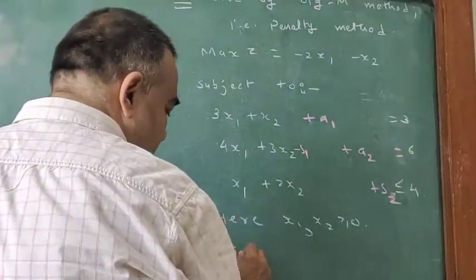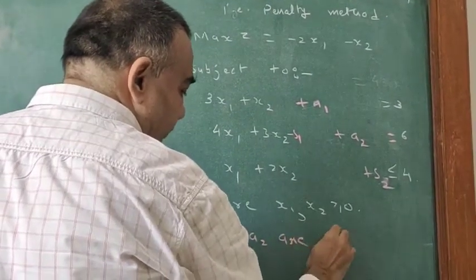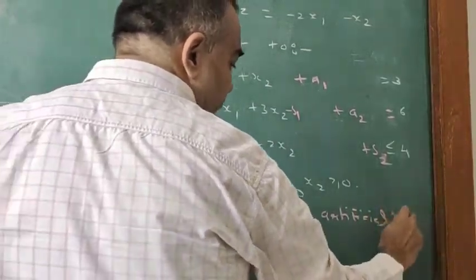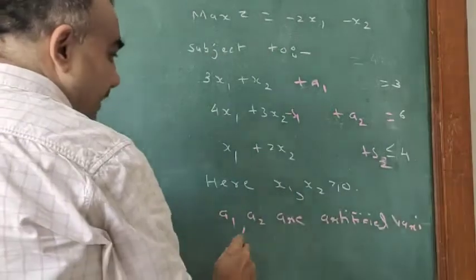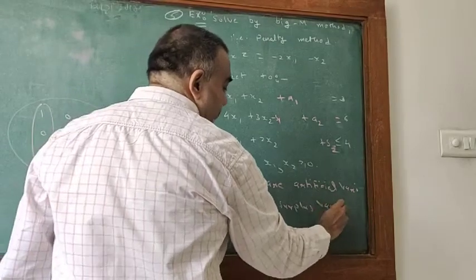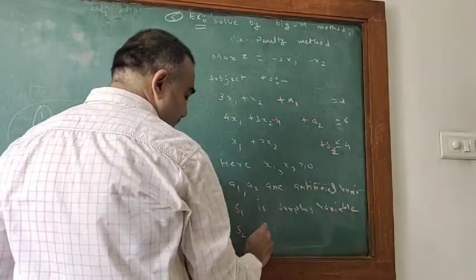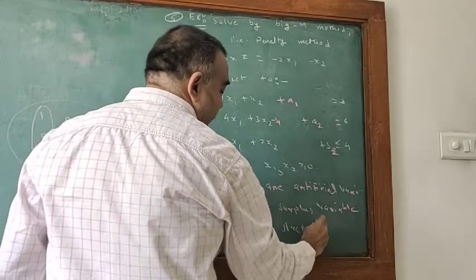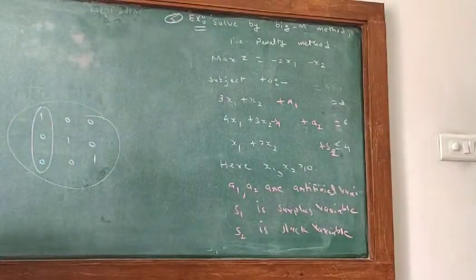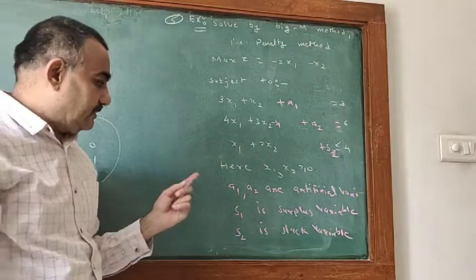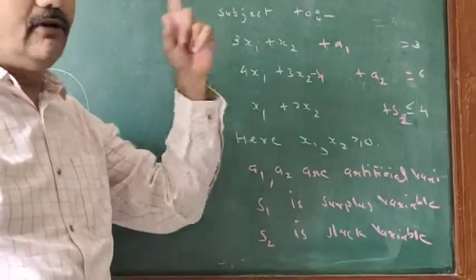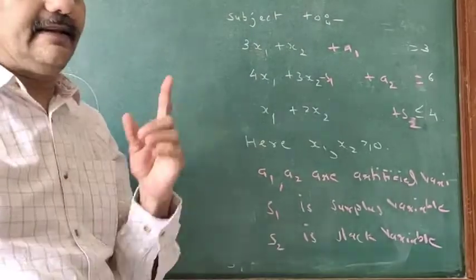Therefore A1, A2 are artificial variables, S1 is a surplus variable because we subtract it, and S2 is again a slack variable.